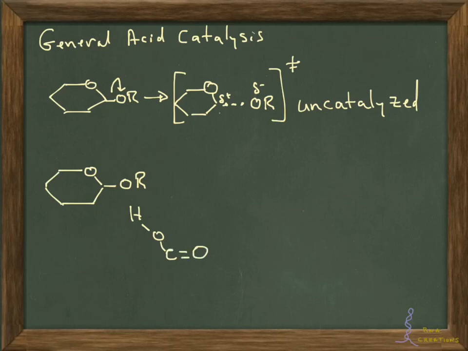The pKa is typically around 4, but pKas can be perturbed inside of proteins. So we'll pretend it's shifted up to around neutrality, so some percentage is in the protonated form, some percentage in the deprotonated form. This guy is in the protonated form. I call that the functional form of the general acid because it has a proton to donate.